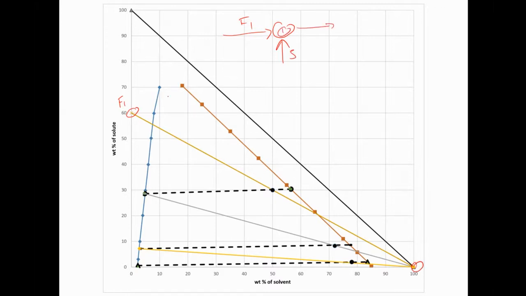So this is stage one, and as we said here, you have 60% with feed, which is 3 kilogram per second, and this is 0%, so x is equal to 0, and it's 3 kilogram per second. You can get XM.